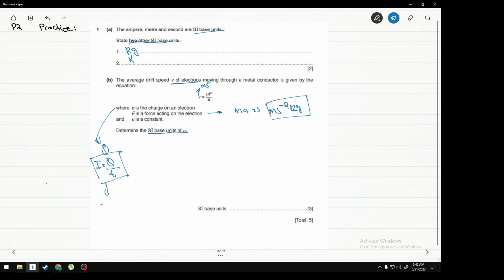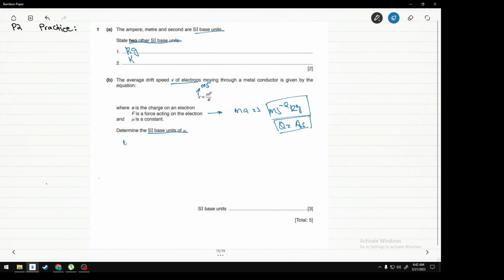So the base unit of charge is ampere second, right? Because second and ampere multiply. So let me just erase all this. So charge is ampere second. Right. Now we are ready to solve this.